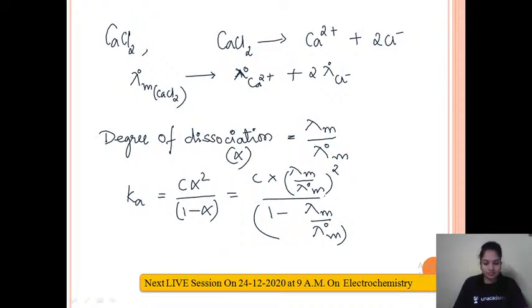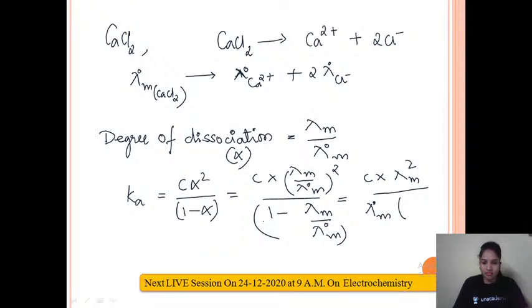So here, after cancelling out the terms, what you get is C into lambda m square upon lambda naught m. This lambda naught m will come to the numerator, and one lambda naught m gets cancelled, right? So it is only lambda naught m here, not square.